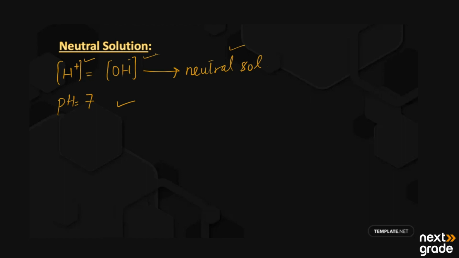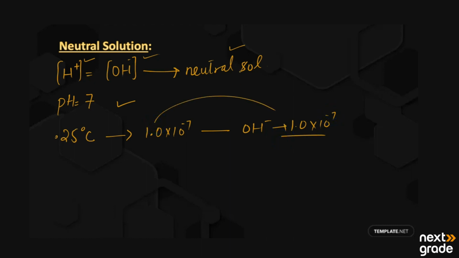As stated earlier, for a neutral solution at 25 degrees Celsius, the concentration of hydrogen ions is 1.0 into 10 raised to power minus 7, and the concentration of hydroxide ions is also 1.0 into 10 raised to power minus 7. At this point the solution is called a neutral solution.